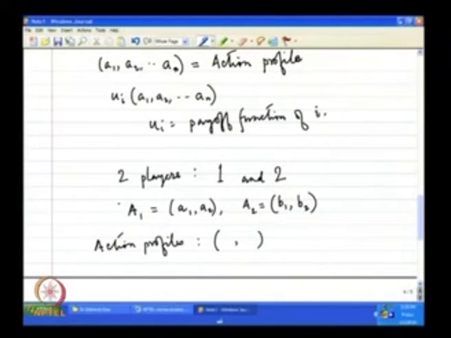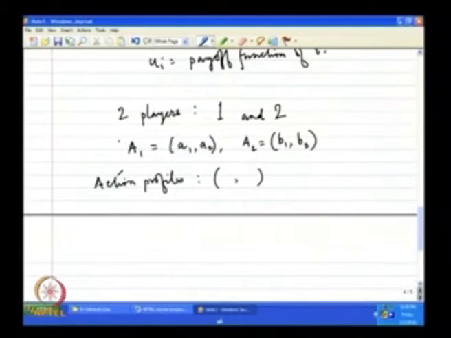There are two possible actions for the first player, so the first position can be filled in two ways. The second position can be filled in two ways. 2 multiplied by 2 is equal to 4. And what are they? Just for the sake of detail: a1, b1; a1, b2; a2, b1; a2, b2.